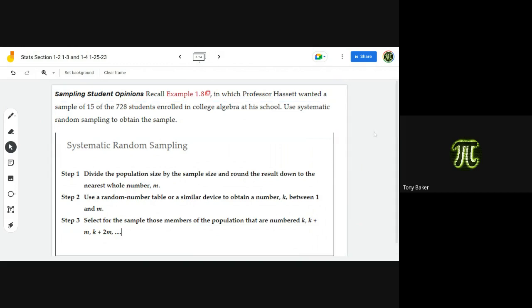So if we're looking at this situation, he has 728 students enrolled in college algebra, and he wants a sample of 15. So he wants 15 students to ask questions to. How would we go about doing it with this process?